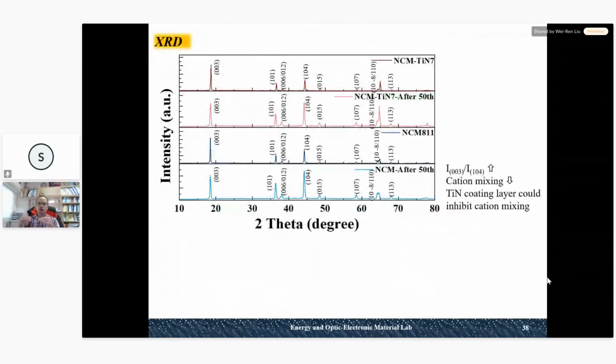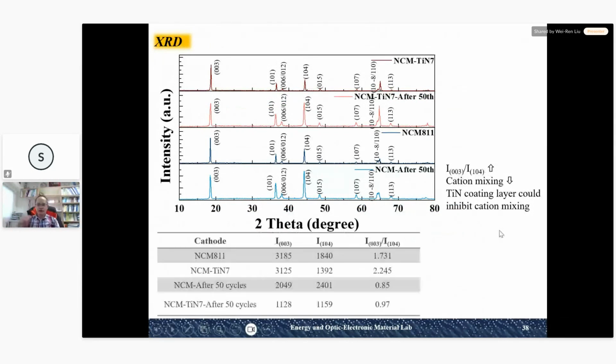So we also calculate the 003 and 104 intensity ratio again to see the change. You can see for the pristine 811 after 50 cycles, the 003 to 104 ratio reduced from 1.7 to 0.8.